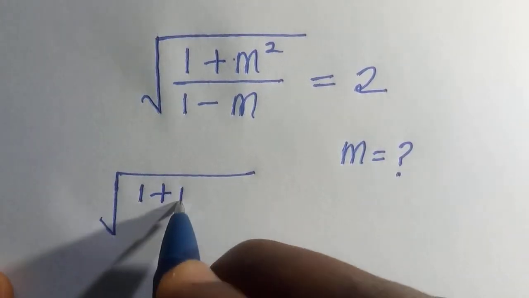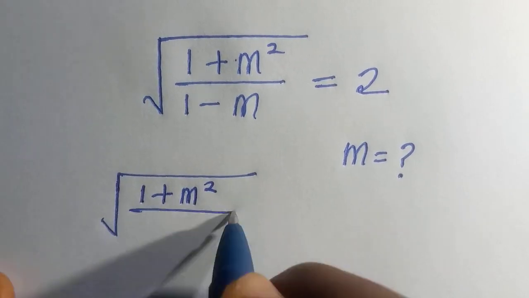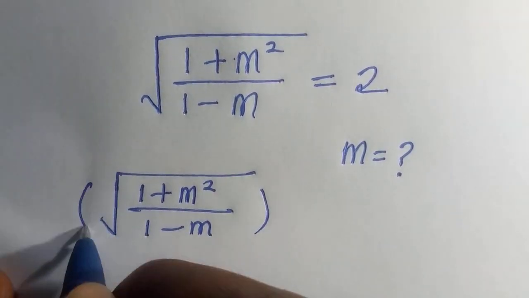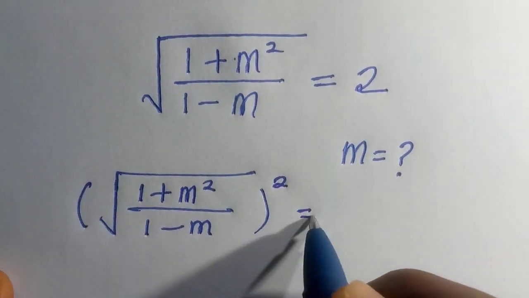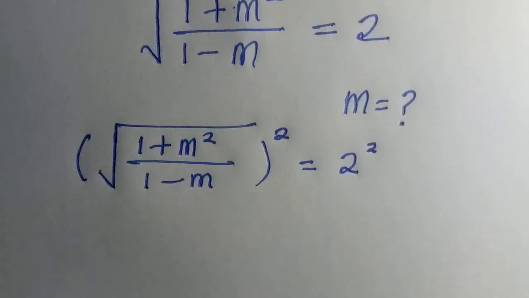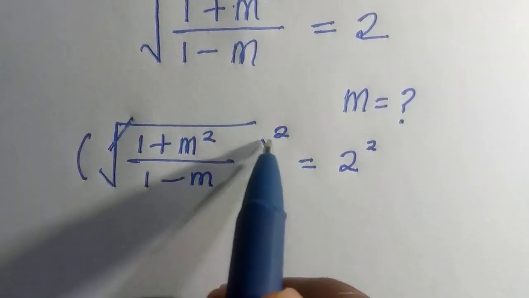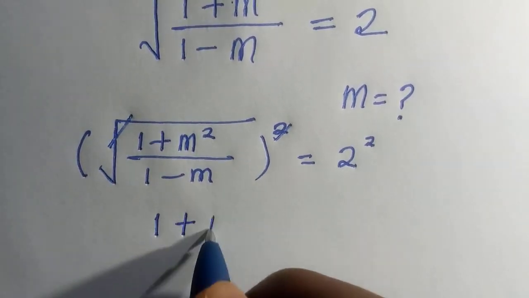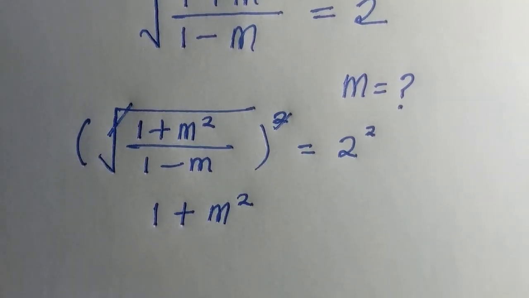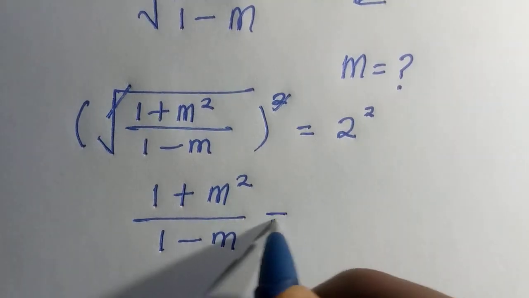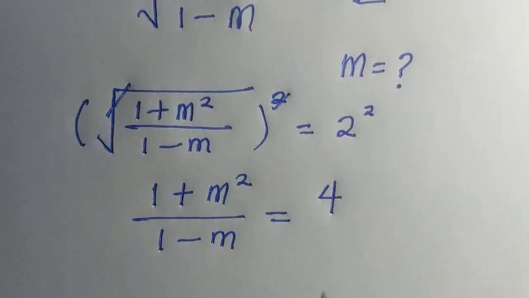And we have (1 plus m squared) divided by (1 minus m) all squared equals 2 squared. So if this and this cancel, then we have (1 plus m squared) divided by (1 minus m) equals 4.